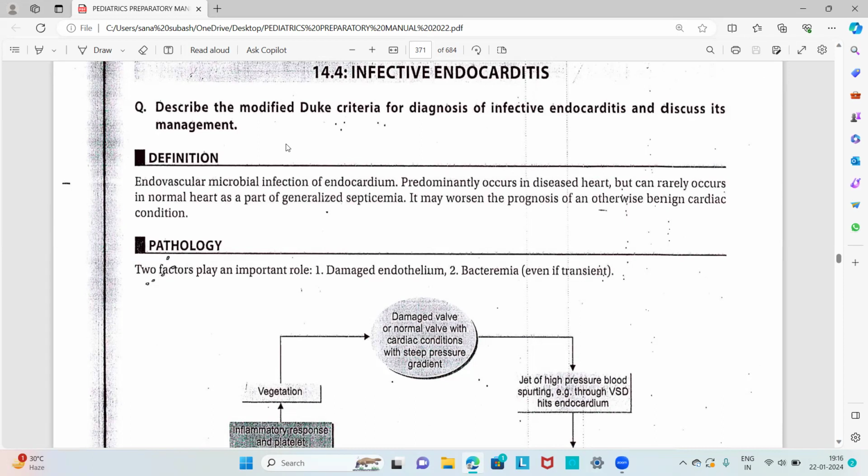So first is about the definition. The definition of infective endocarditis is endovascular microbial infection of the endocardium, as the name indicates.